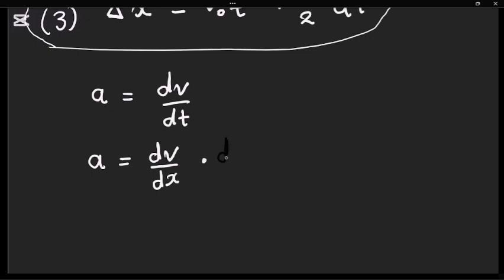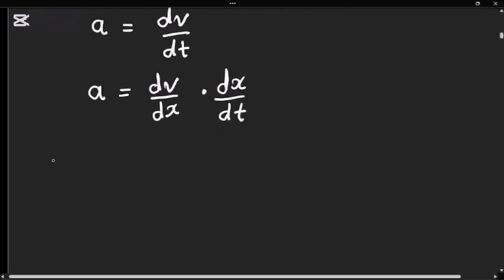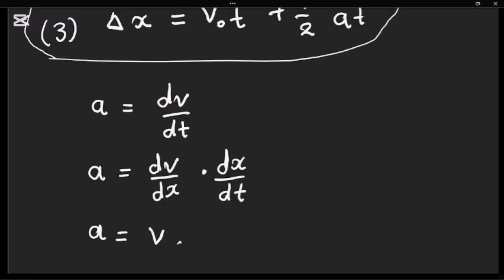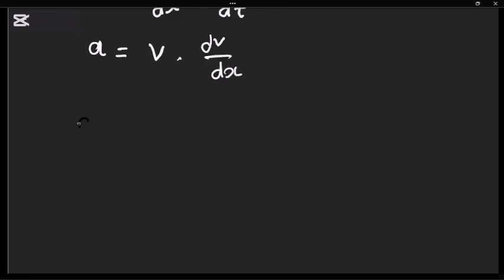Still, I didn't violate any mathematics rule because dx will just cancel with dx. But again, I know that dx all over dt makes velocity, which means I can say acceleration is equal to velocity multiplied by dv all over dx. So from here, what you have to do is just cross multiply. So you will get a dx equal to v dv.